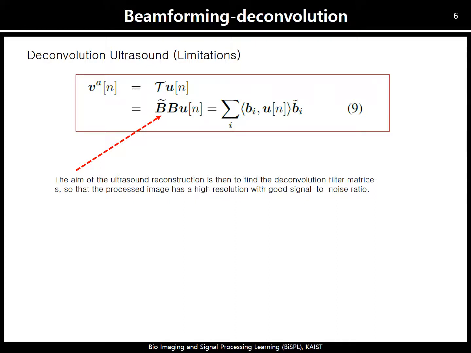In addition to this, the deconvolution filter matrices B and B tilde should be spatially varying and depend on input signals to make the best trade-off between the noise and resolution. Therefore, the exact calculation is usually computationally expensive and only approximate forms are used, which limit the accuracy of the beamformer.